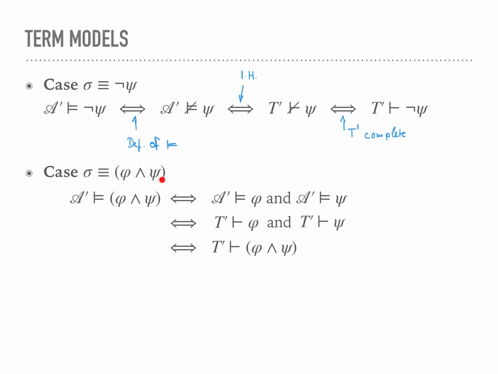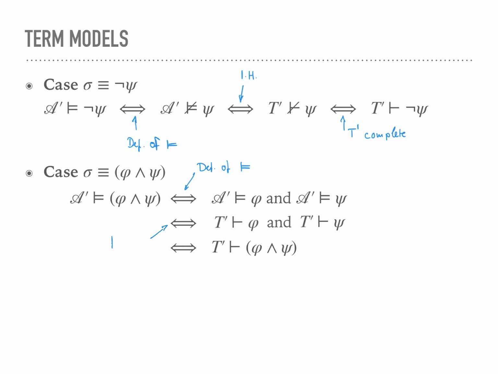Now let's move on to the second case, where sigma is a conjunction of phi and psi. Again, the first equivalence is simply due to the definition of the satisfaction relation, namely that A prime satisfies phi and psi if and only if A prime satisfies phi and it also satisfies psi. Now we've reduced the height of the formulas involved here, so we can apply the inductive hypothesis.